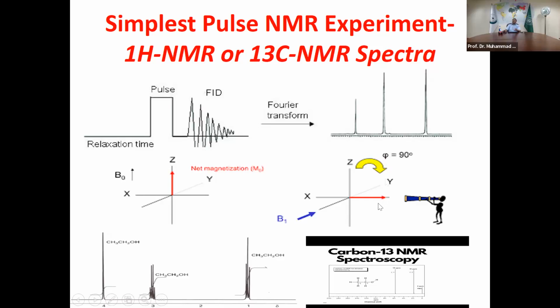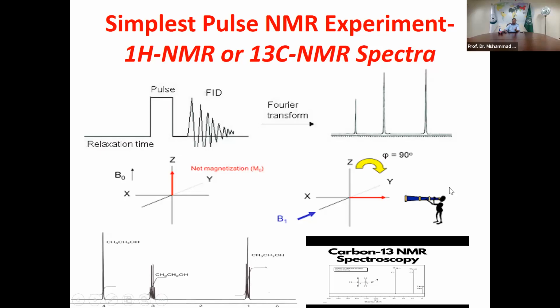And then it appears that it comes on the XY plane. This is your detector, a little man with a telescope, and that monitors the movement of these resonant frequencies on the XY plane till it goes up, and then you record.